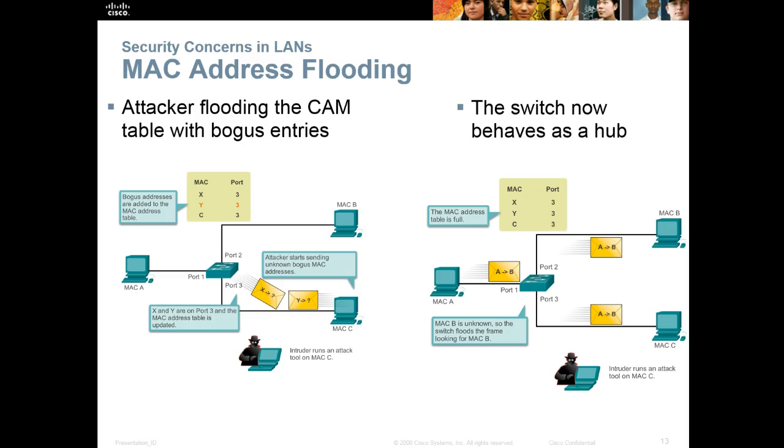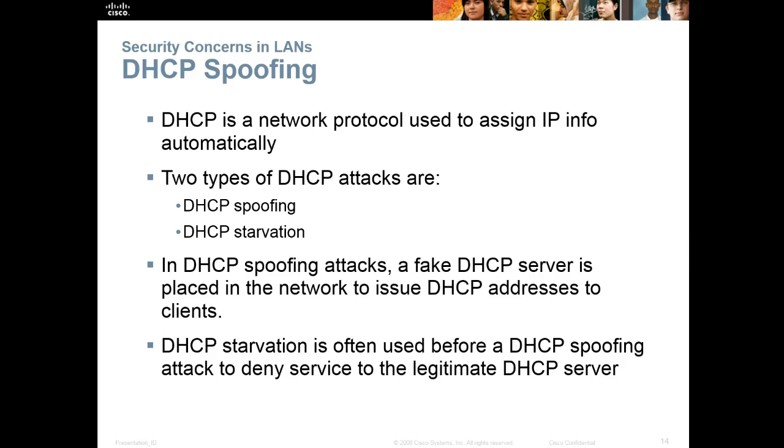And so if the CAM table gets flooded with bogus switch names, then it keeps flooding out all ports and doesn't register anything out there because those MAC addresses don't exist. And it fills up the switch so much that the switch acts like a hub, just pushing out traffic with no discrimination, totally ruining the purpose of a switch and probably taking down a network.